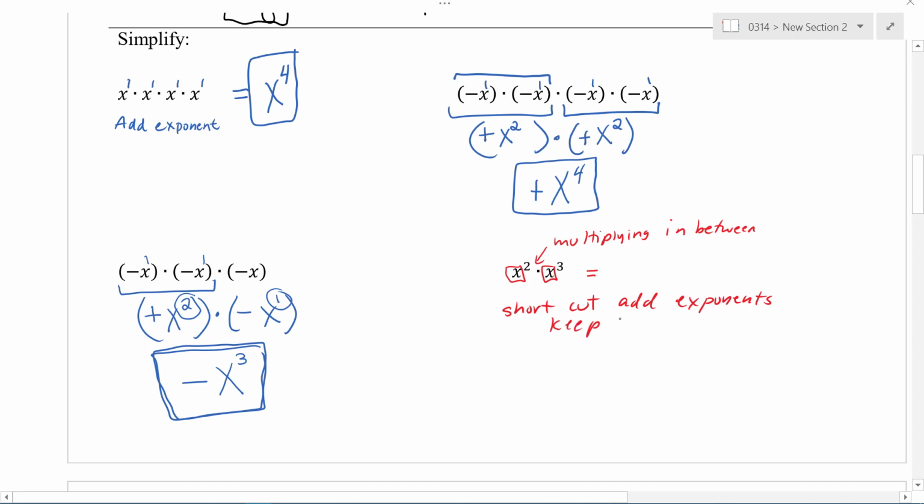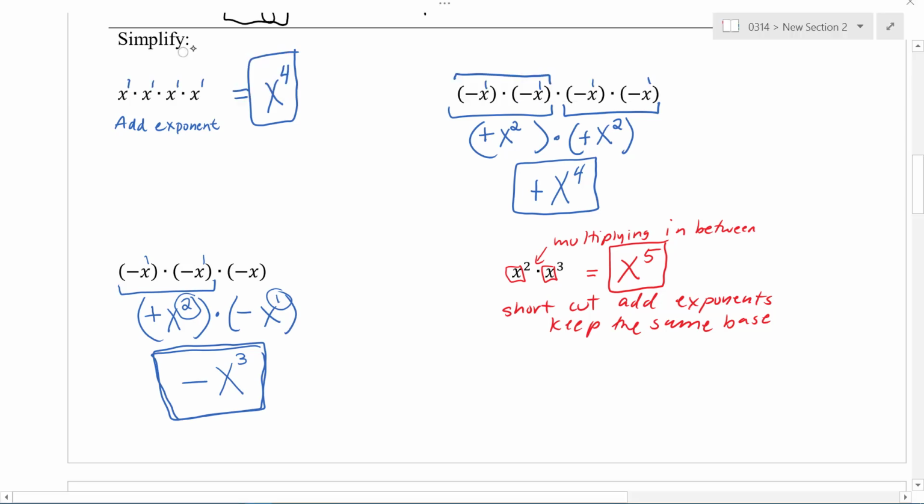Keep the same base. So I'm going to write this as x. 2 plus 3 gives me a total of 5. Let's keep the same base, add the exponents. That's a shortcut way of multiplying like bases.